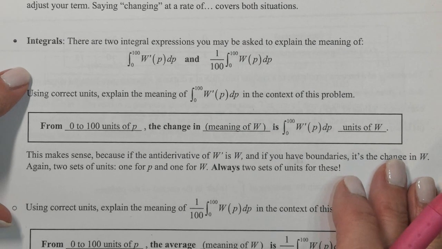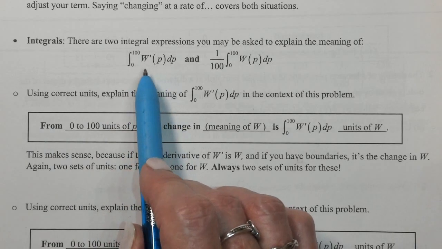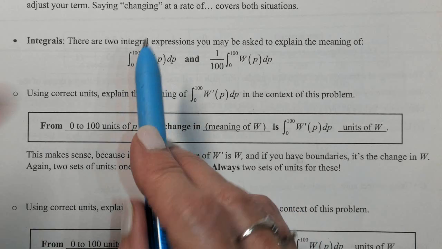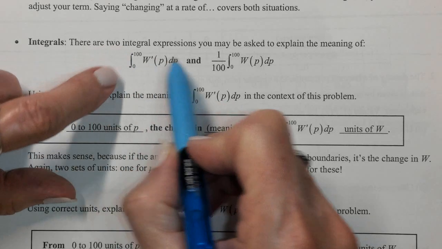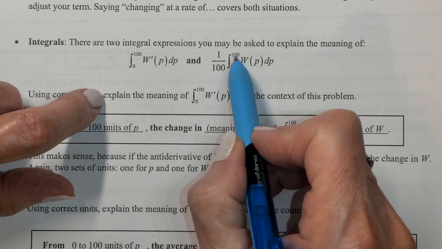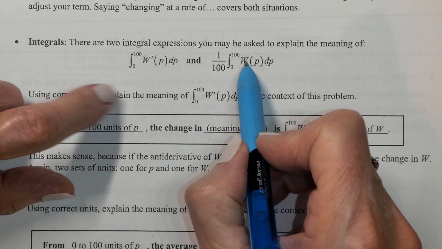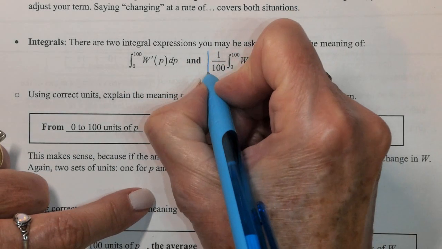Okay, next step, integrals. There are two integral expressions that you will likely be asked to give the meaning of. Let's say that they ask us for the integral from 0 to 100 of W prime, or 1 over 100 times the integral from 0 to 100 of just W, no prime, just W. Let's focus on this one first.